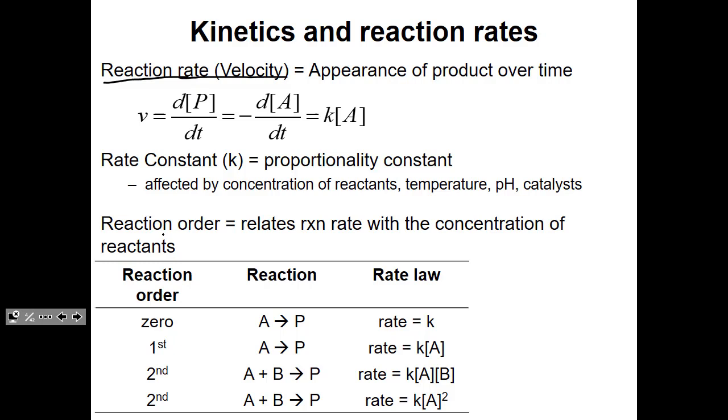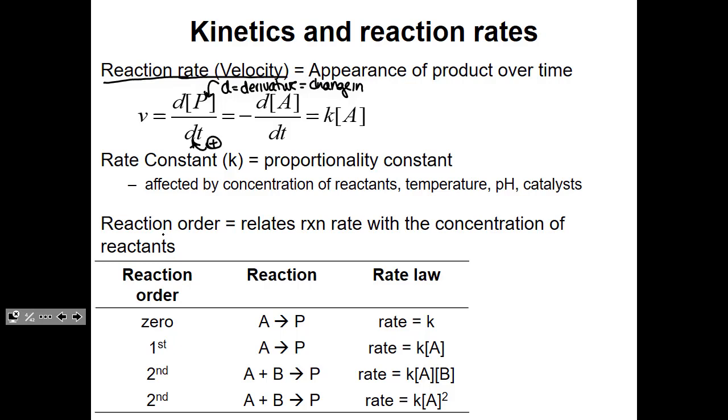All right, and that's essentially what this is saying. So d is just the derivative, or the change in product over the derivative of time, or change in time. So this would be the appearance of product over time.